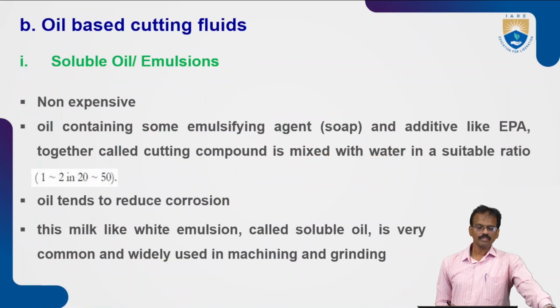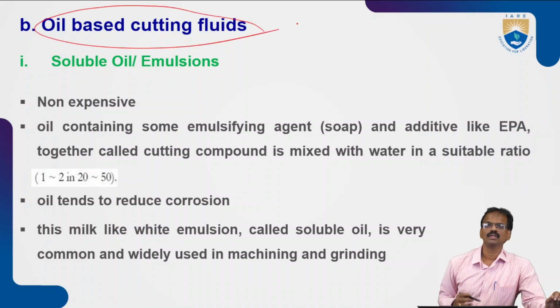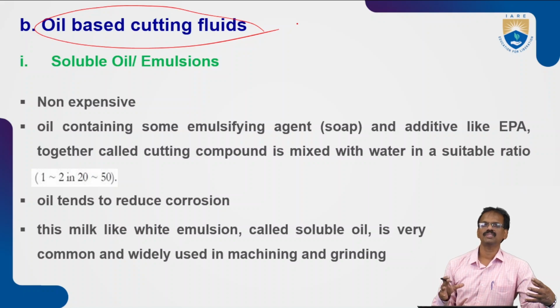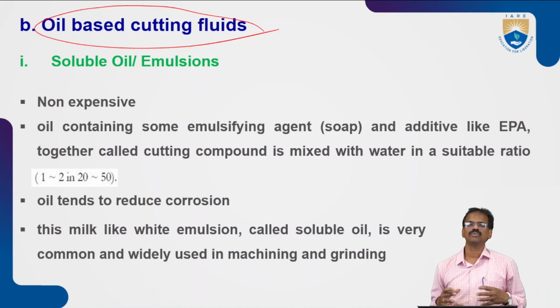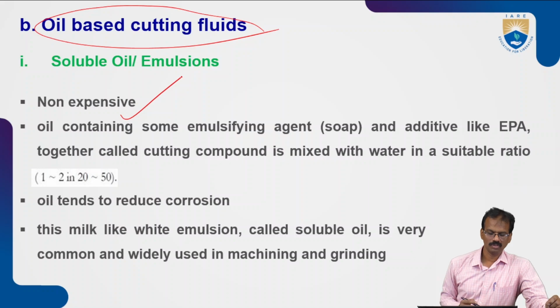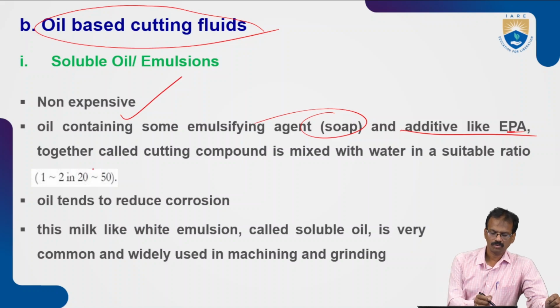We'll see soluble oil or emulsions. These are oil based cutting fluids, using a type of oil which is not chemically mixed with water. It is not expensive. It is oil containing some emulsifying agent, like soap, and additives like extreme pressure additives.